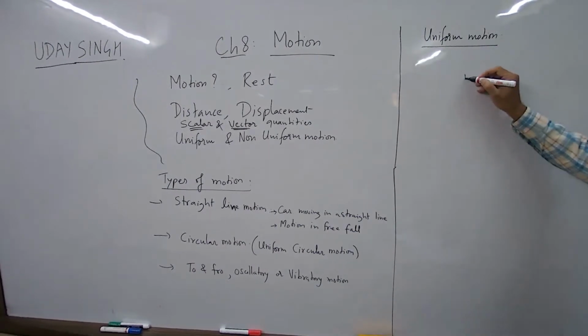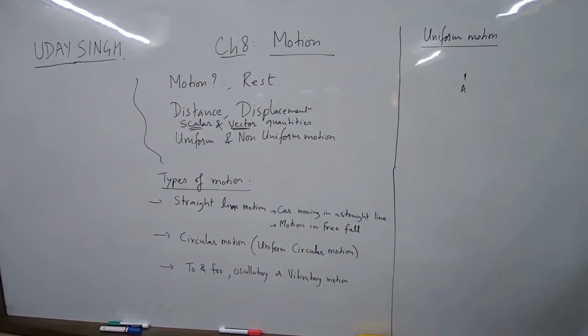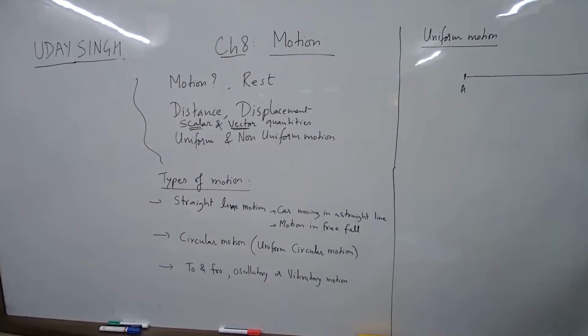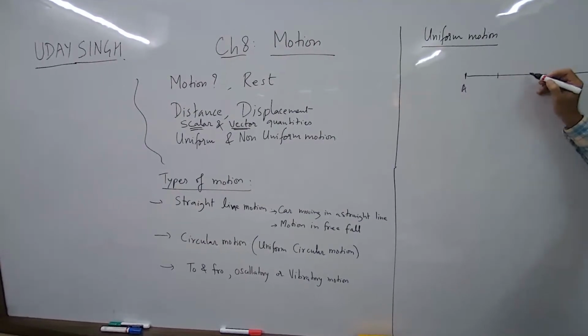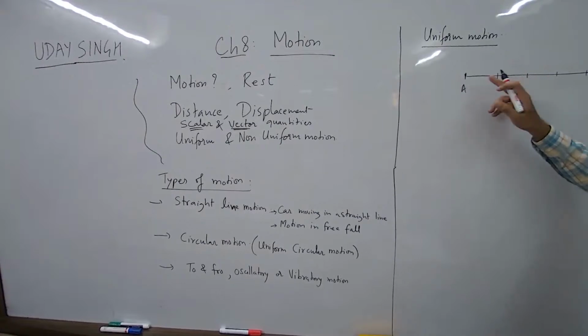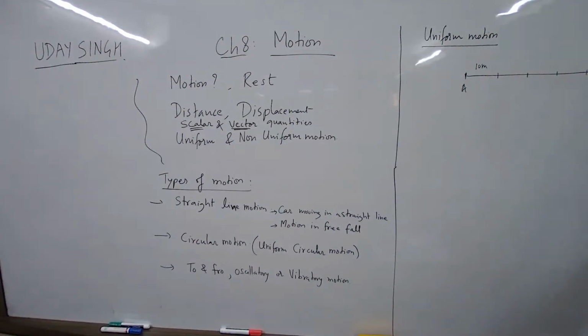So let us say the total distance between 2 points is 50 meters. So 1, 2, 3, 4, 5, each is 10 meters. The total is 50, so 0 to 50.